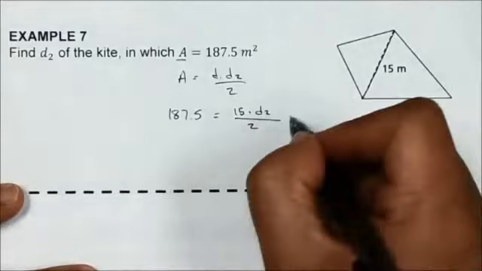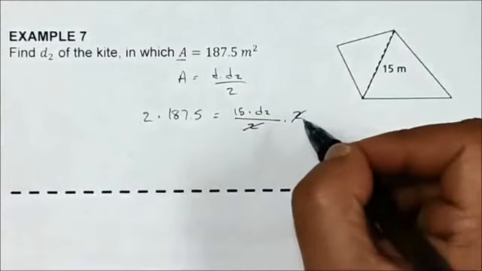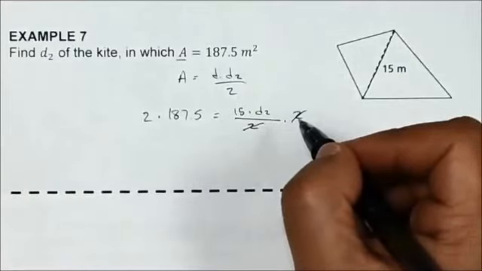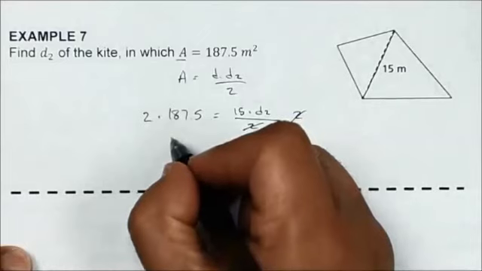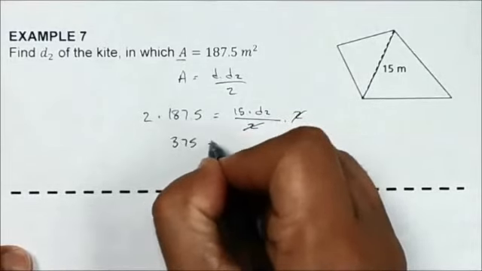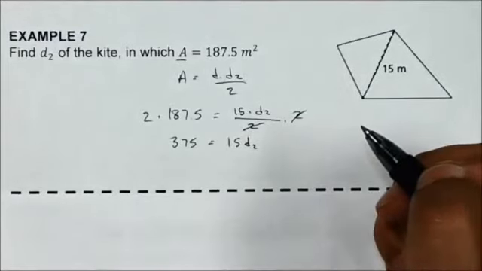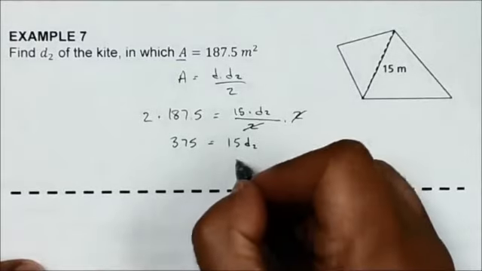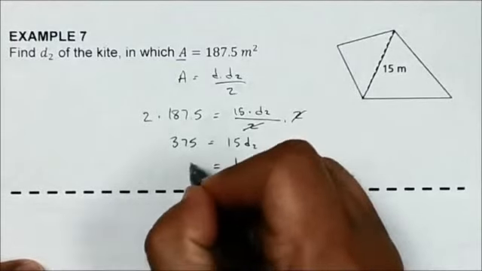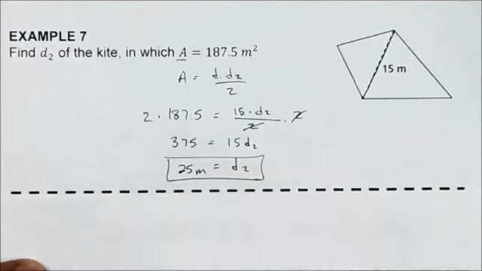Divided by 2, so I'm going to multiply by 2. 187.5 times 2 is going to give me 375 is equal to 15 times the diagonal 2. 375 divided by 15 tells me that my second diagonal is going to be 25 meters long.